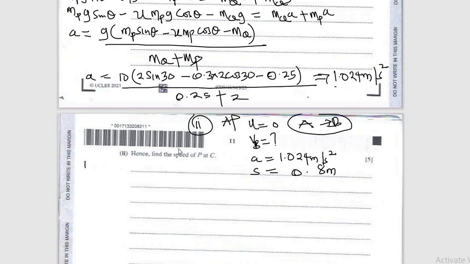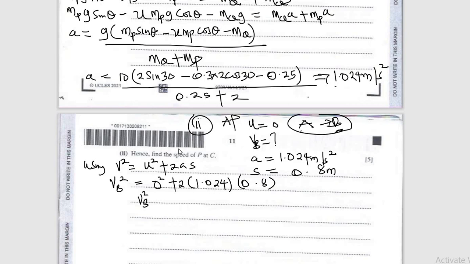So using V squared equals U squared plus 2AS. The final velocity, since it's from A to B, is at B, that's VB squared. Initial is at A, which is 0. The acceleration is 1.024 and the distance is 0.8. So VB squared equals, let me use my calculator, 0.8 multiplied by 1.024 multiplied by 2.